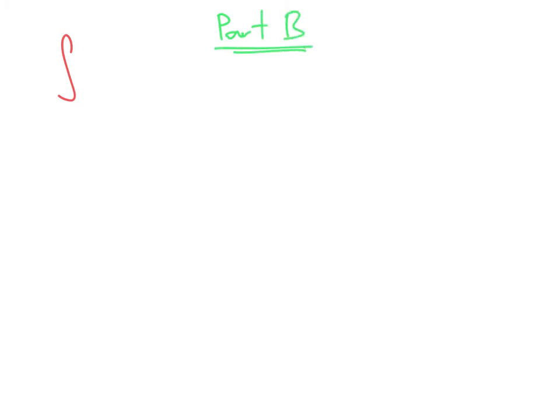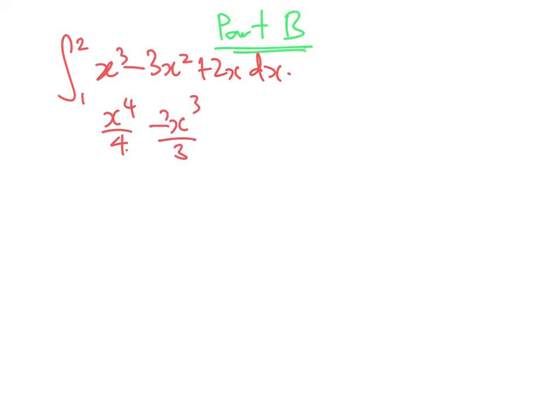For part B, the limit is different. So I'm going to use 1 to 2, x cubed minus 3x square plus 2x, and integrate in terms of x. So again, x to the power of 4 over 4 minus 3x cube over 3, and then plus 2x square over 2, and this time the limit is 1 to 2.